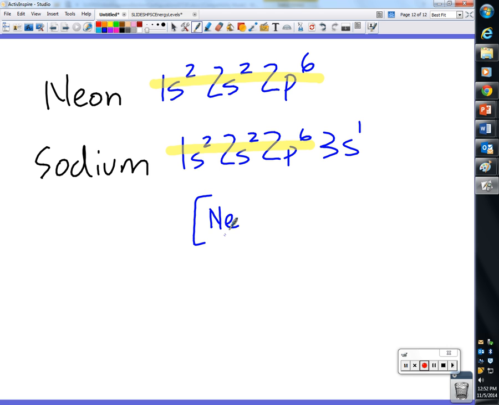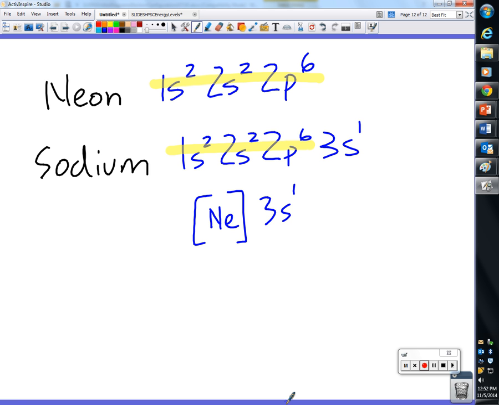We put it in square brackets, and that represents the first 10 electrons, because that's how many neon has. And so then we pick it up from there. The only thing we would have to write after that would be 3s1.